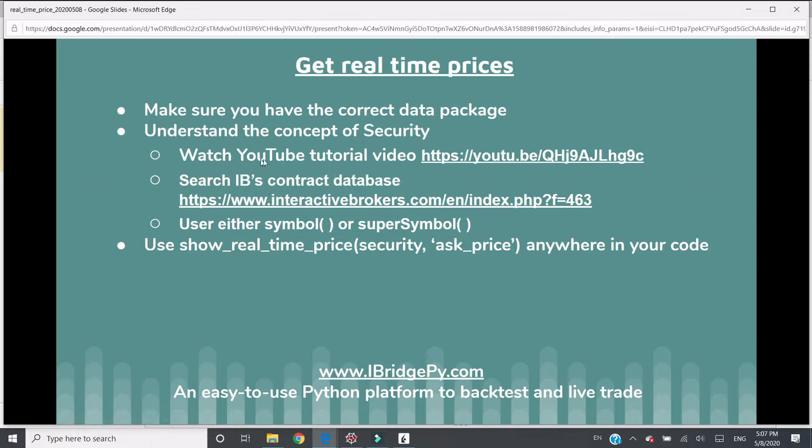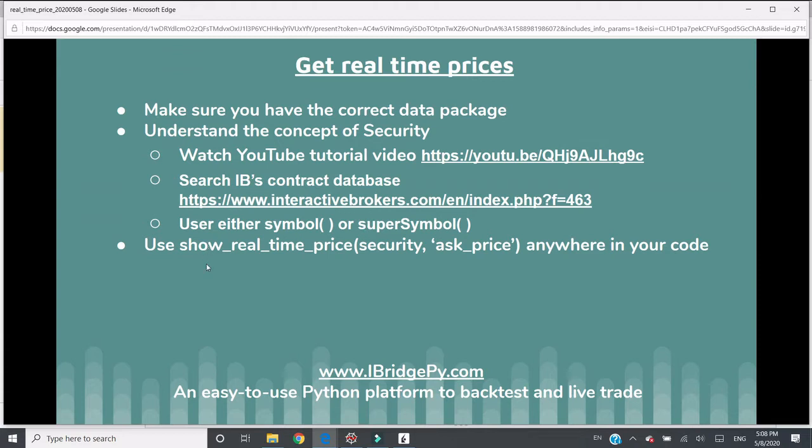You can watch this YouTube tutorial video to get more knowledge about security. Then find the contract that you want to trade in IB's contract database, and you can use either symbol or superSymbol. These are two built-in functions from iBridgePy.